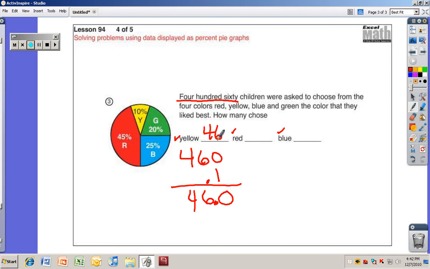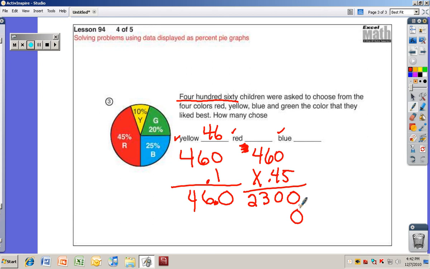How about red? Well, 45% chose red. So you do 460 times 0.45. This is going to be a little trickier because I have 2 digits to do here. 6 times 5 is 30. Carry the 3. 4 times 5 is 20. Plus 3 is 23. Scribble that out so we don't use it twice on accident.